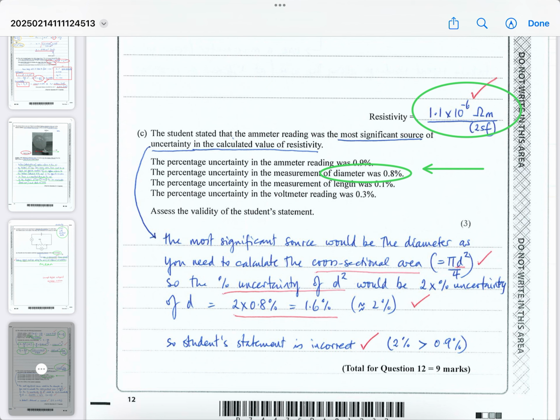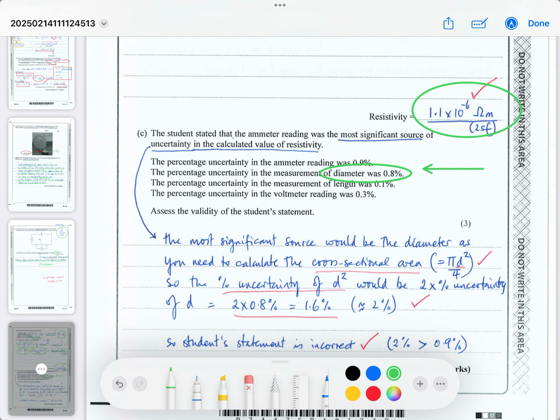They're asking to assess the validity of the student's statement, where he says that the most significant source of uncertainty in the calculated value of resistivity is the current, the ammeter reading. But the most significant source would be the diameter, because you need to calculate the cross-sectional area from the diameter, and that's pi d squared over 4, so that's d squared.